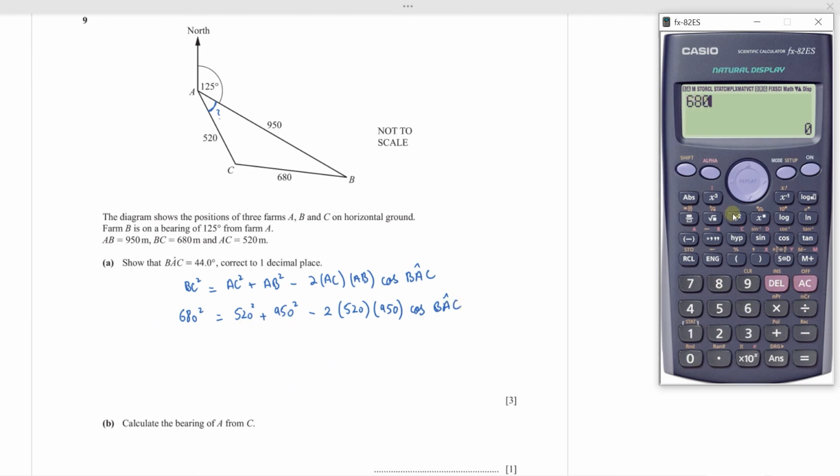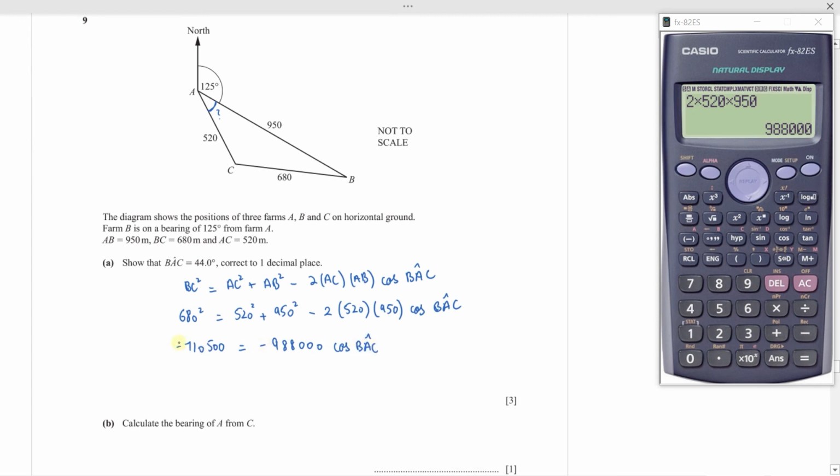So 680 square minus 520 square minus 950 square. So this is minus 710500 equals to, so 2 into 520 into 950. This is minus 988000, and then cos of BAC.